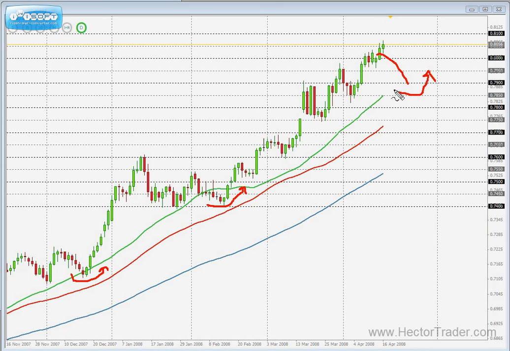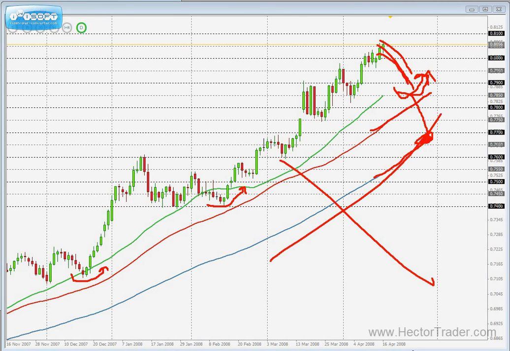If I see that price upon the retracement begins to turn around, I will be all over this chart searching for long opportunities.